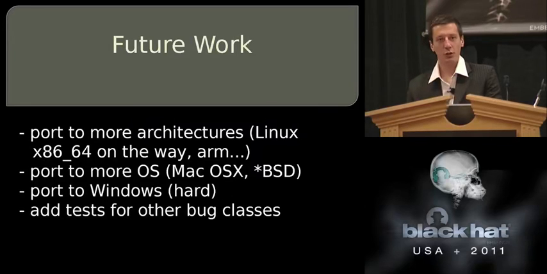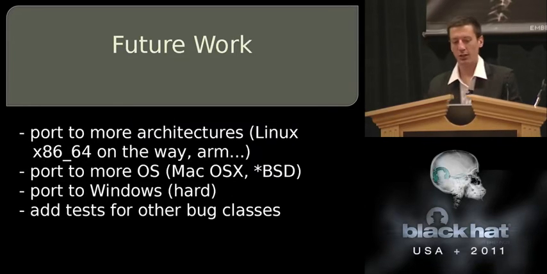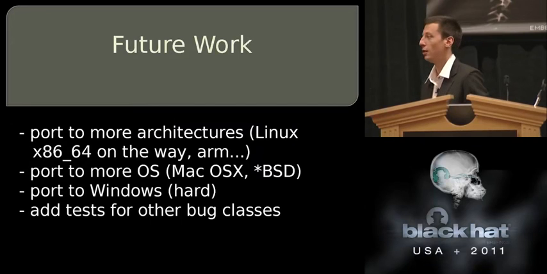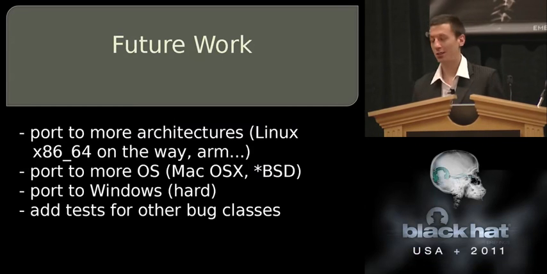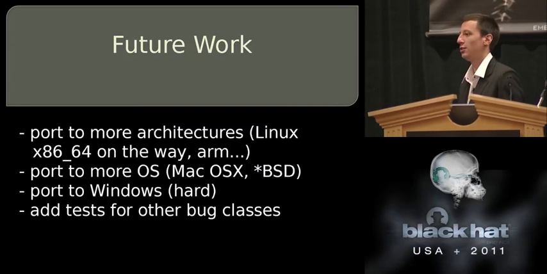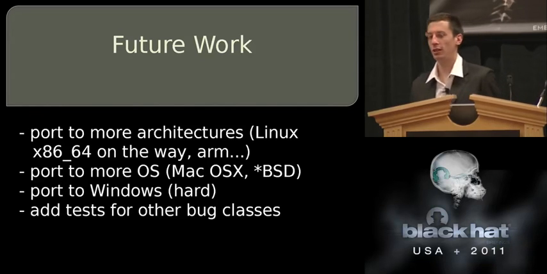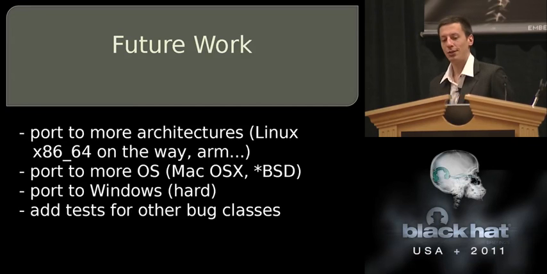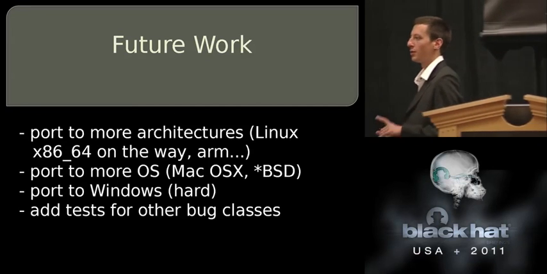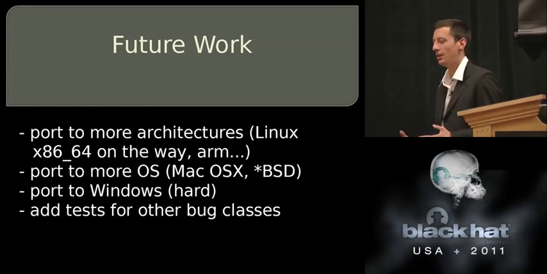Future work, where I need your help. So currently it's working on 32-bit CPUs pretty properly. Not yet on 64-bit architectures. It depends on distributions and stuff. So this is why we're going to release the tool only next month. If you'd like to port it to another operating system, as long as your kernel supports ptrace and fork, it should be pretty easy.